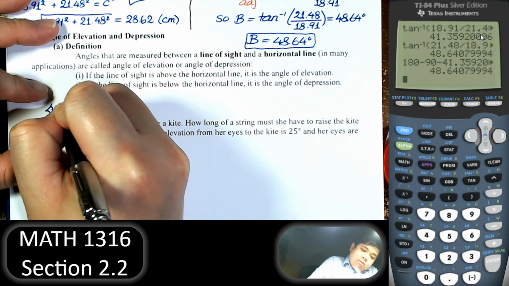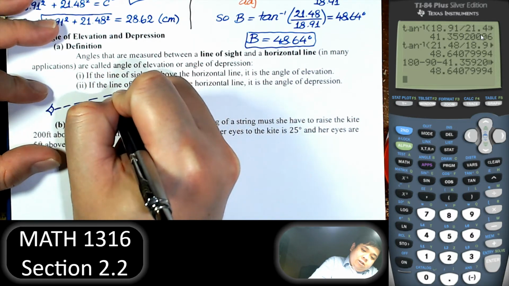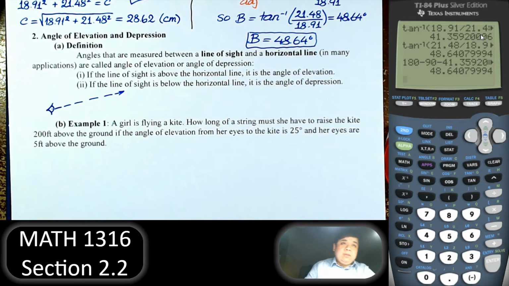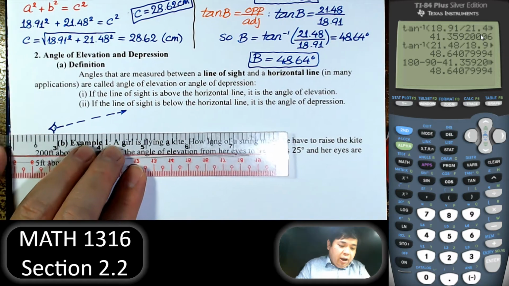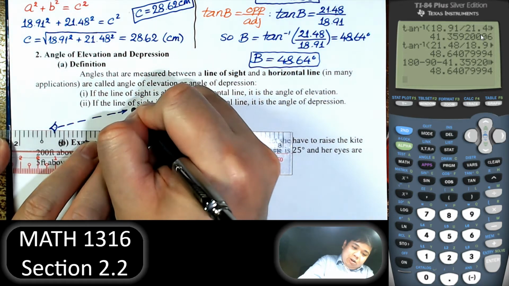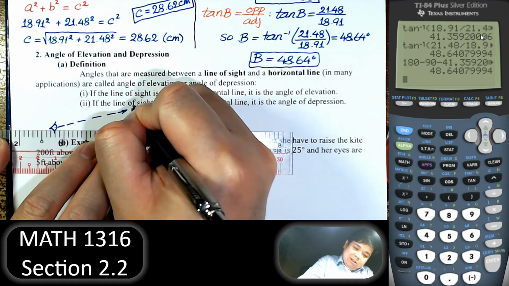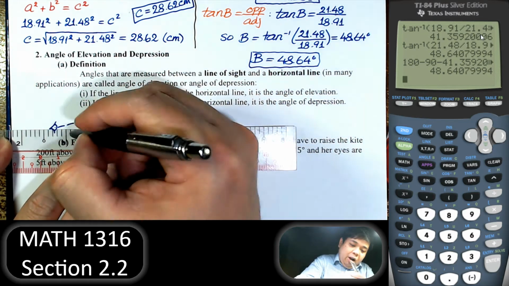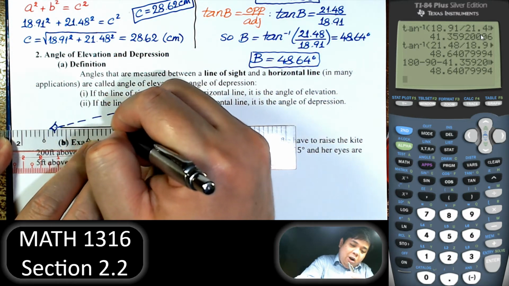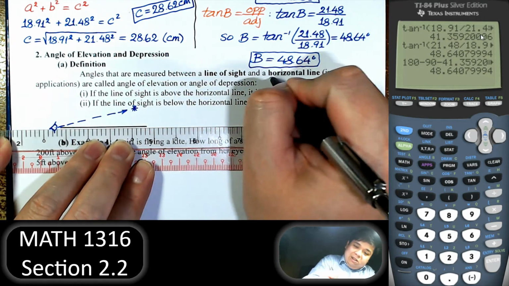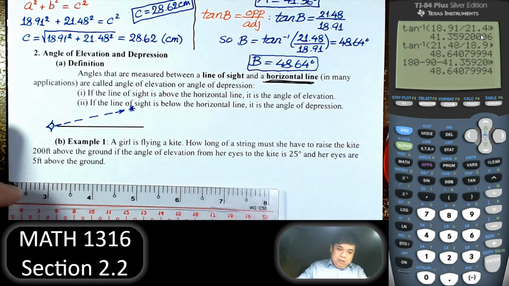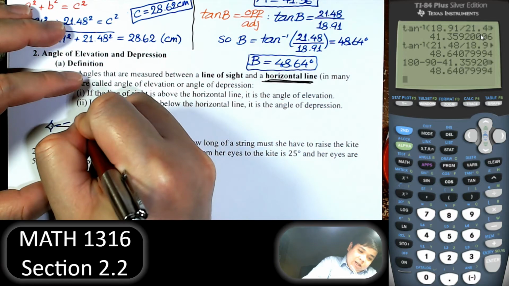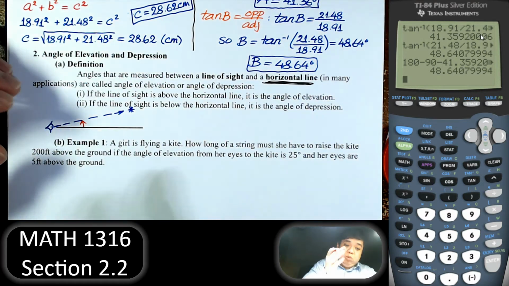If we look up, compared to the horizontal line, this angle is the angle of elevation because we're looking up.